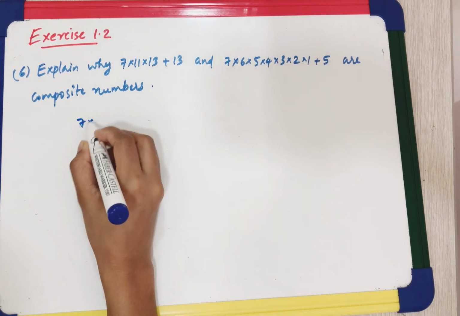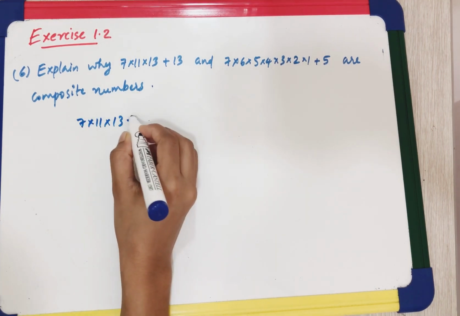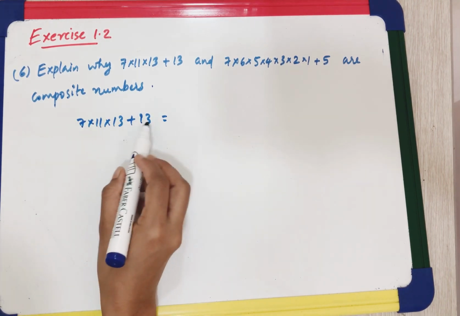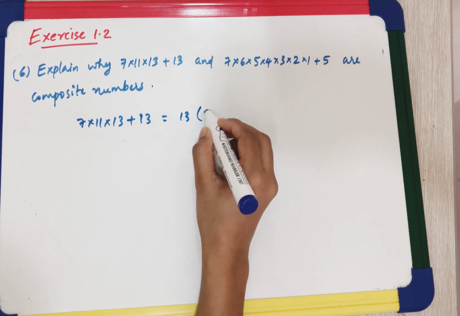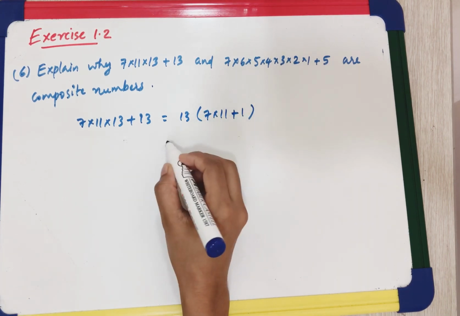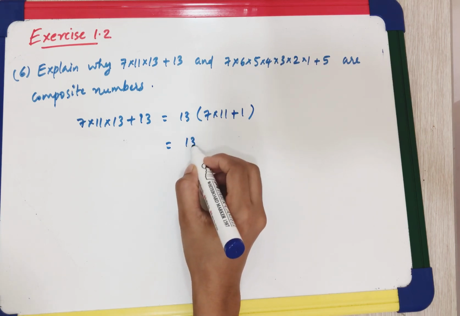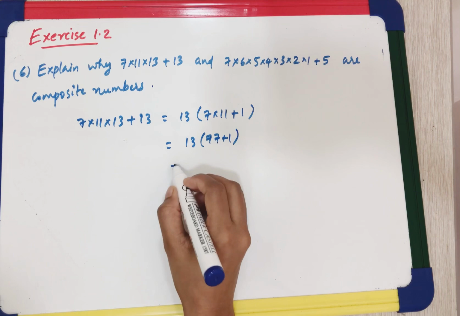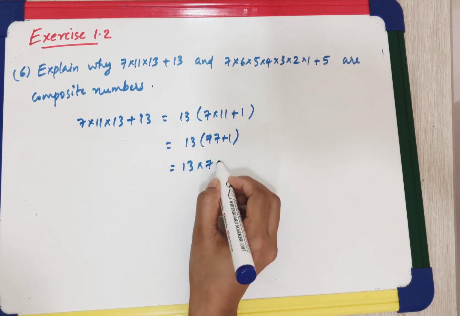See, 7 × 11 × 13 + 13 can be written as, taking 13 common, 13 × (7 × 11 + 1), which is equal to 13 × (77 + 1), which is equal to 13 × 78.